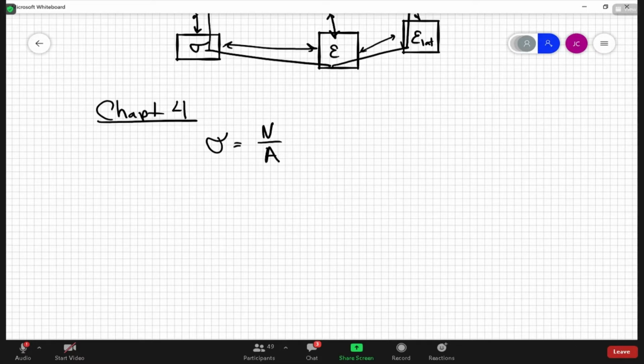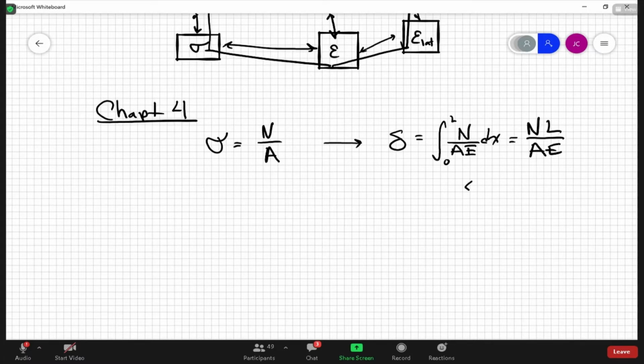But we extended this a bit, and we were able to get that the elongation is equal to, well, in one sense, the integral of the internal force over the cross-sectional area times Young's modulus, integrated over the length. But very often, N, A, and E are all constant for a particular length, and then this would just reduce to NL over AE, okay?